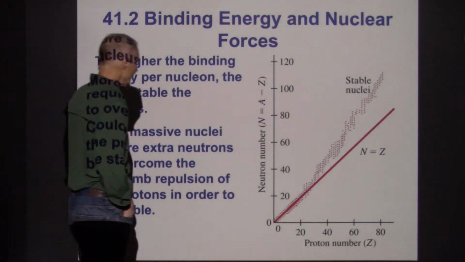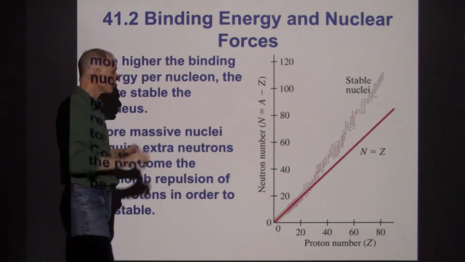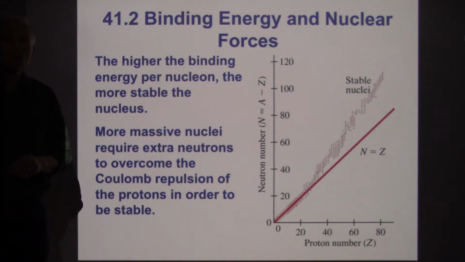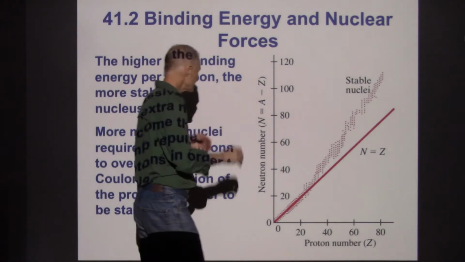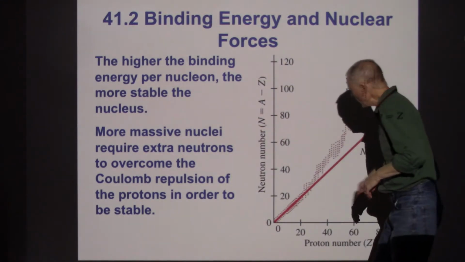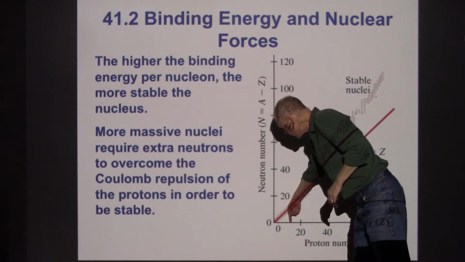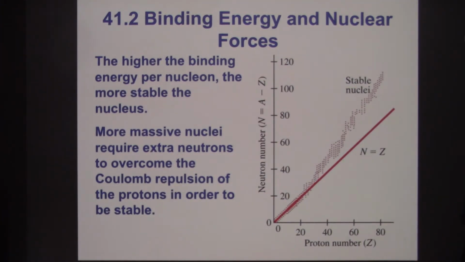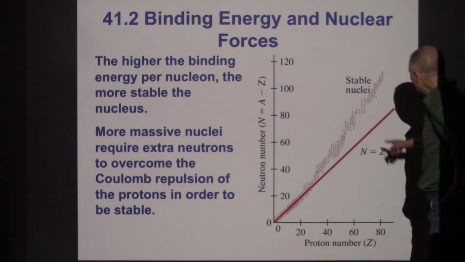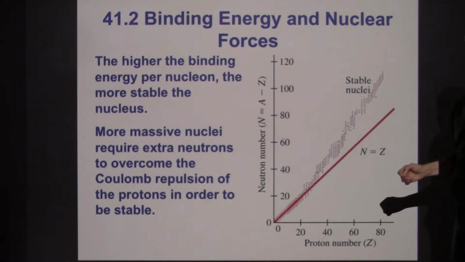Here's another kind of handy table. Along the horizontal axis are proton numbers. So what you can think of is, that's telling me which element I'm looking at. The elements are organized according to how many protons. So element 1 hydrogen, element 2 helium, element 3 lithium, element 4 beryllium. And that's how many protons are in the nucleus of each of those elements. And then what these little dots represent are the stable isotopes.